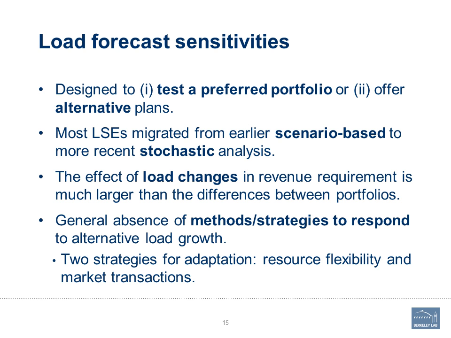For us, this was a very interesting finding that suggests that there may be a lot of gains in analyzing in much more detail the impacts of load forecast in terms of costs, rather than spending too much time comparing the portfolios between themselves, because the revenue requirement impact is much larger for load changes rather than portfolio changes.